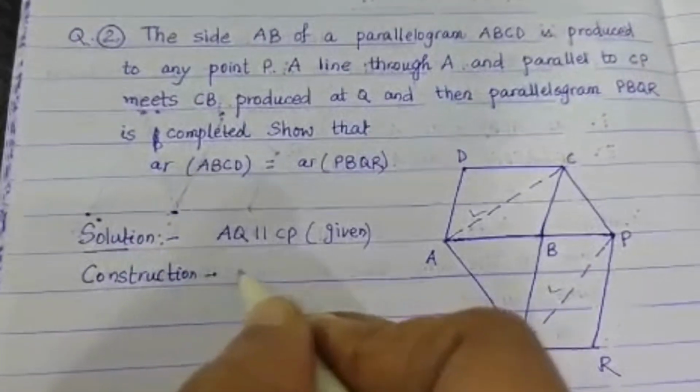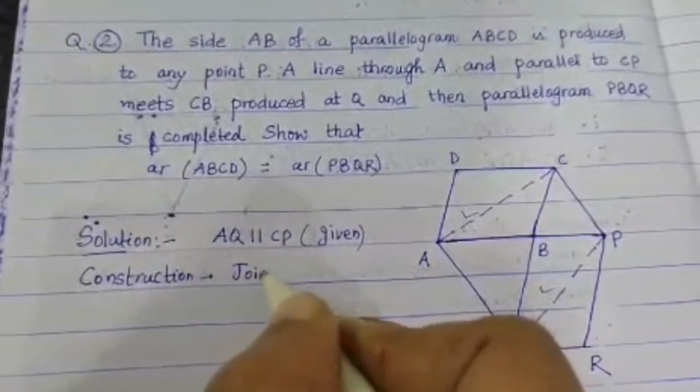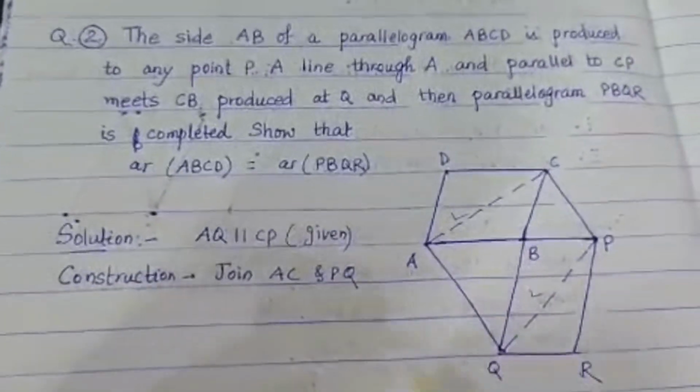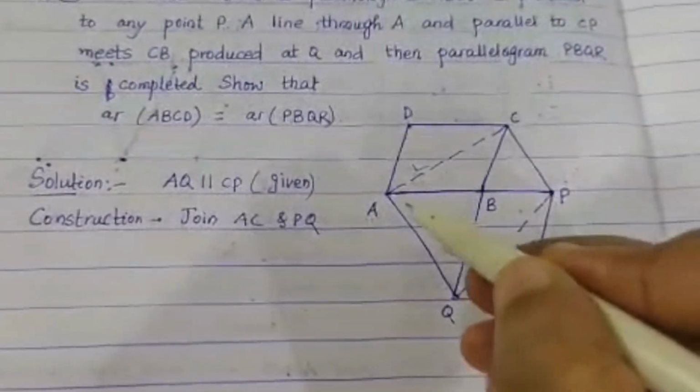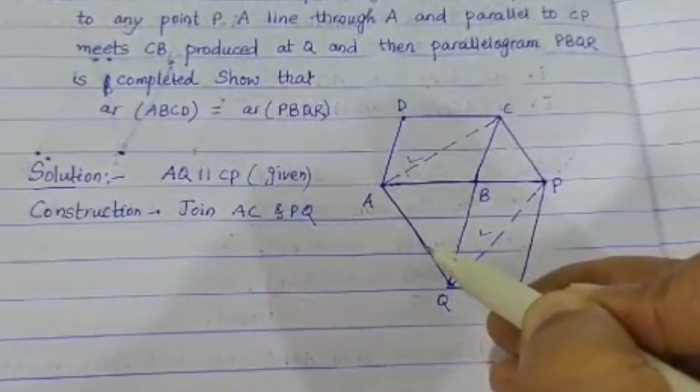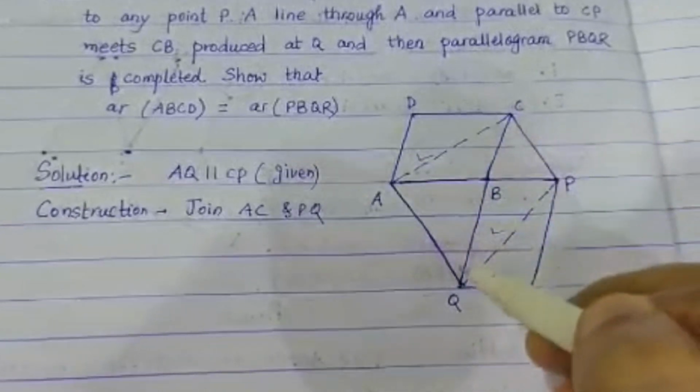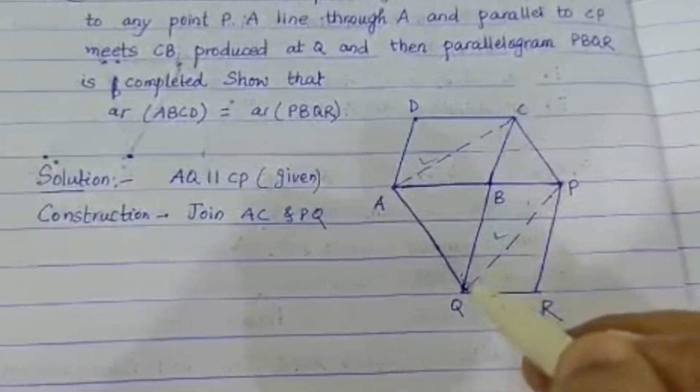Construction: join AC and PQ. Now let's see, AQ is the common base. Then ACQ is one triangle and APQ is another triangle.